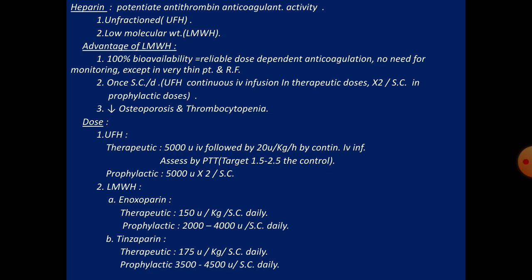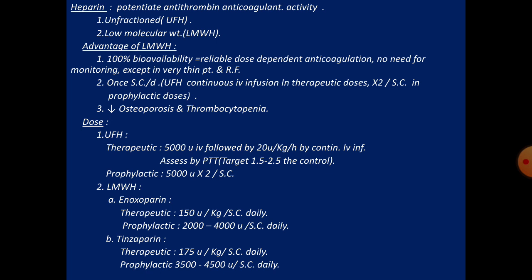These patients should be assessed by the PTT, especially during the first 6 hours, to reach the target, which is 1.5 to 2.5 times the control. In prophylaxis, we can use 5,000 units two to three times daily subcutaneously.